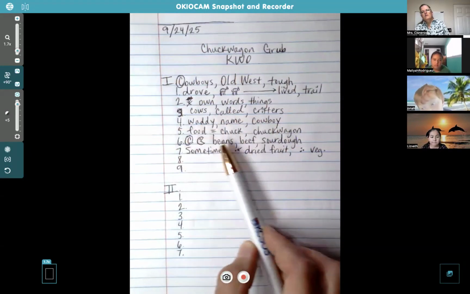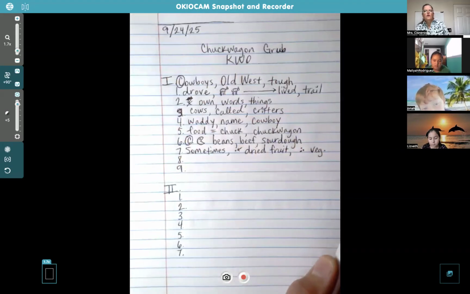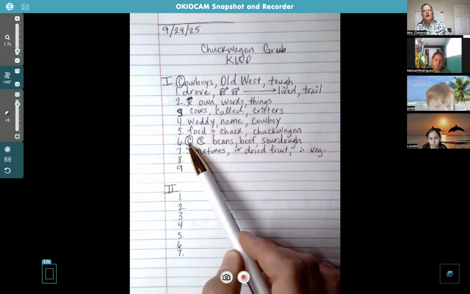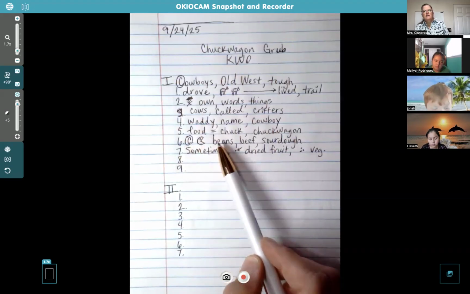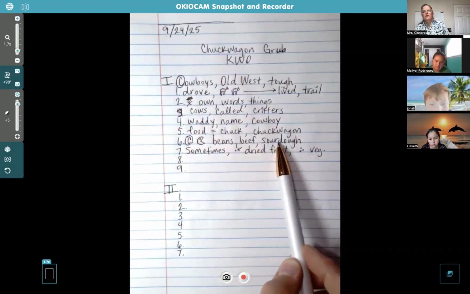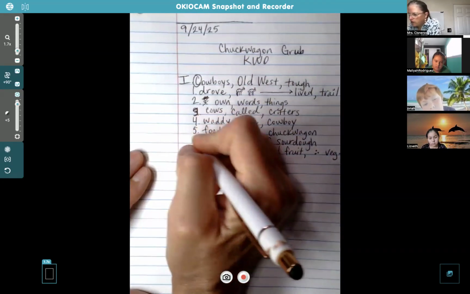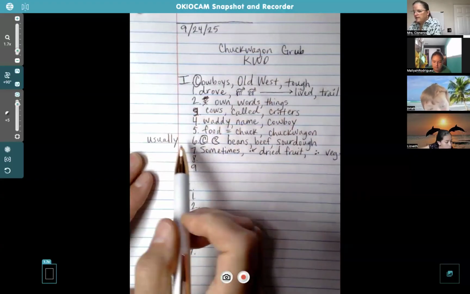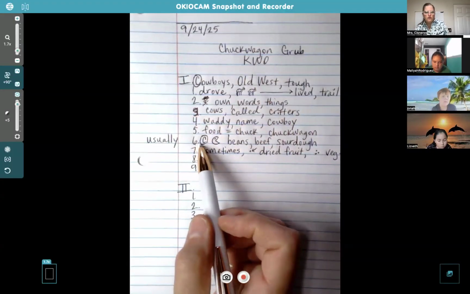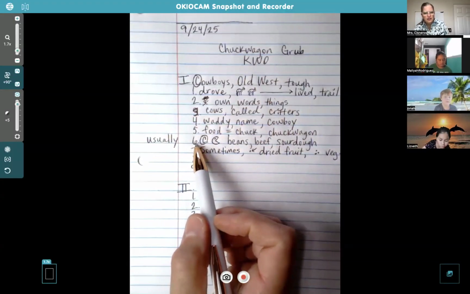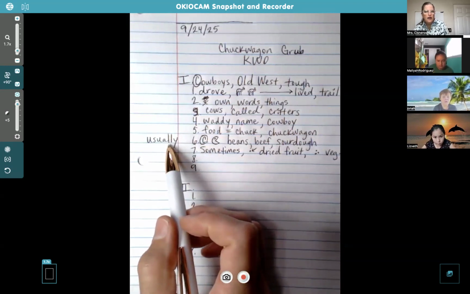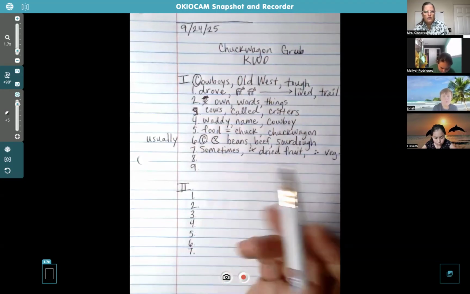Is there another place where you see maybe you could use an ly? Maybe like here, number 6, cowboys usually ate beans, beef, and sourdough. That might be a good spot. So what you could do is put usually here in the margin, just as a little note for yourself. So when you get to that sentence, you can go, oh yeah, I have usually. I could use that for my ly adverb.